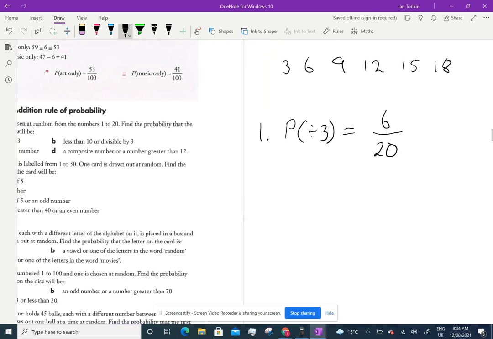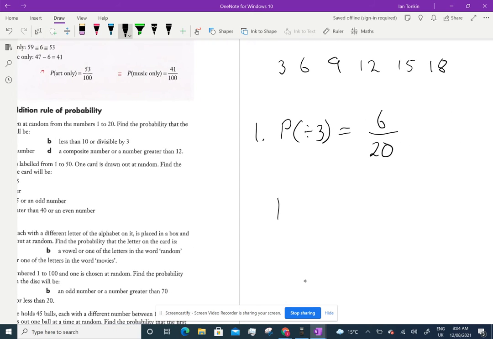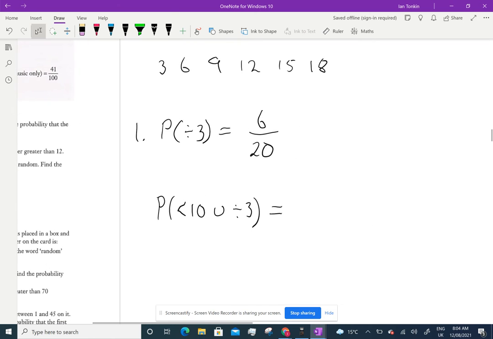B, less than 10 or divisible by 3. So I want less than 10 or divisible by 3. Now you could list them all. But you're going to get some overlap. So less than 10, 1, 2, 3, 4, 5, 6, 7, 8, 9. Gee, my writing is poor today.